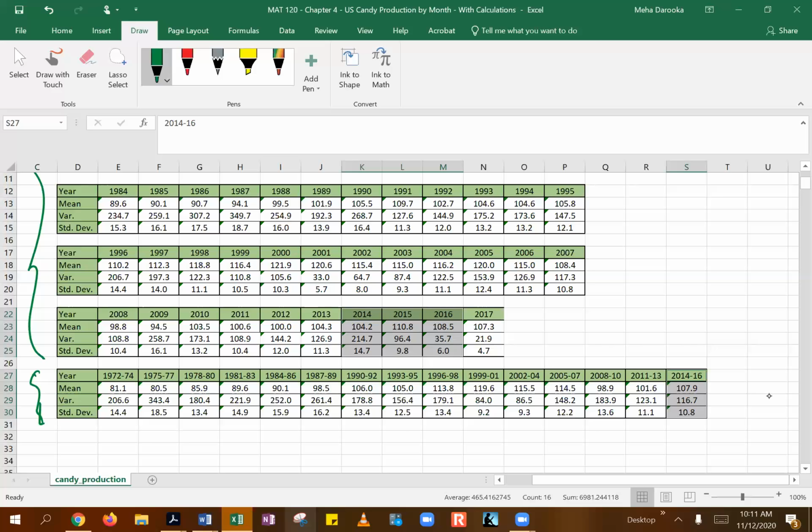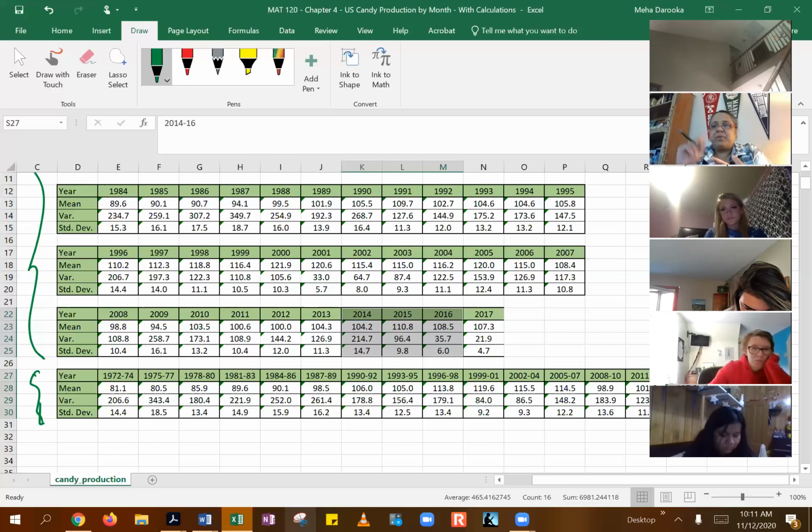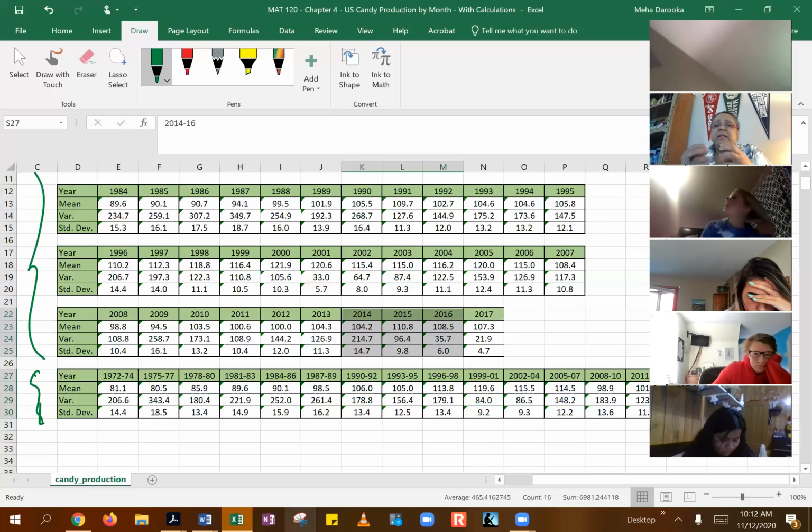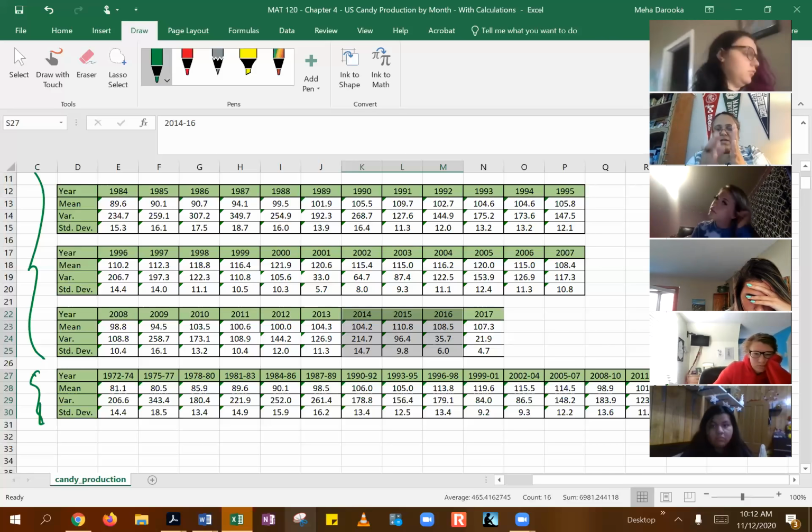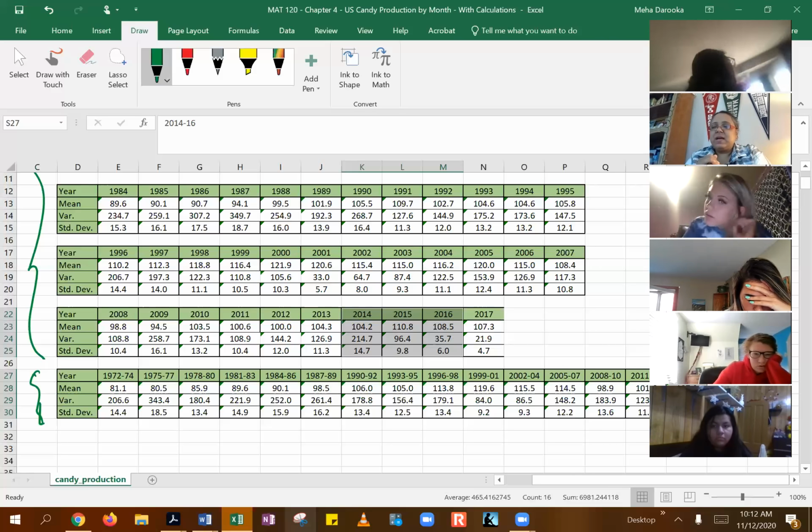Now, some of you actually used the population variance and population standard deviation calculation when you did the 3-year total. So when you did 2014, 2015, and 2016 together. And that's okay if you consider that as your population, and then each individual year as your sample.